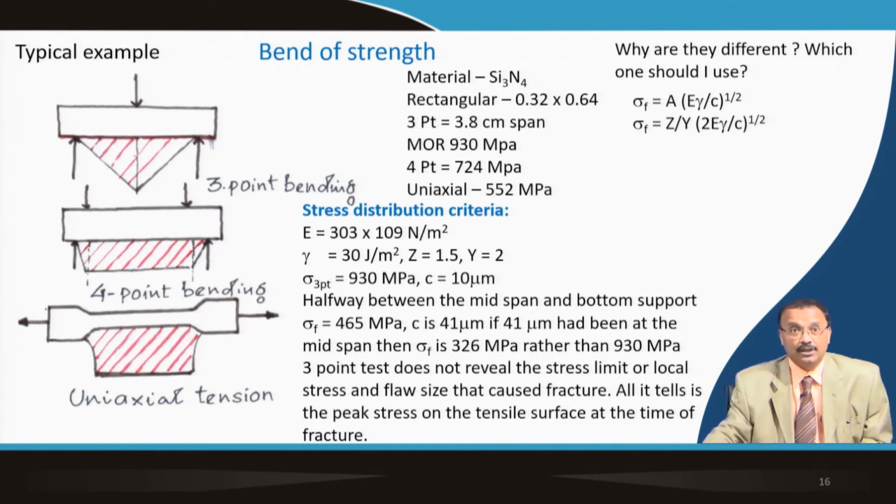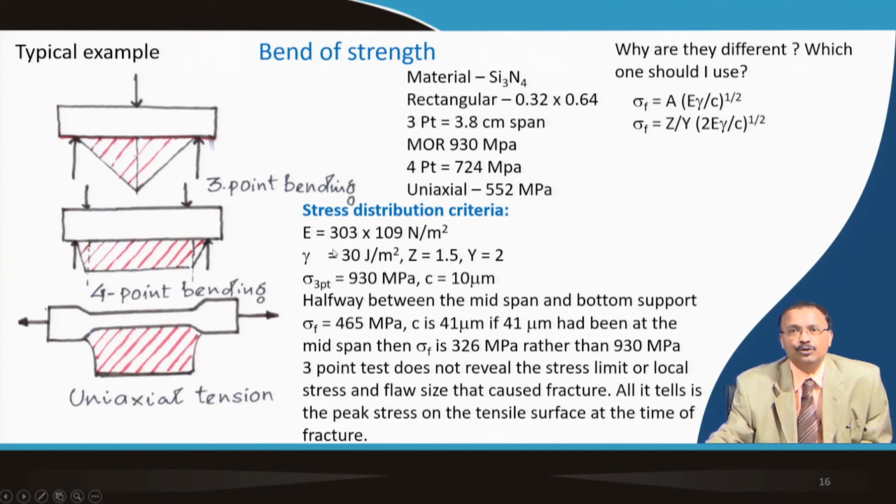So, it depends on the stress distribution criteria. So, as you can see here, when you are applying a load here, the maximum load is at the midpoint, and here it is 0, and here also in the support it is 0. So, the actual load whatever you are applying, that is seen by the sample only at the midpoint. So, a rough estimate can be made.